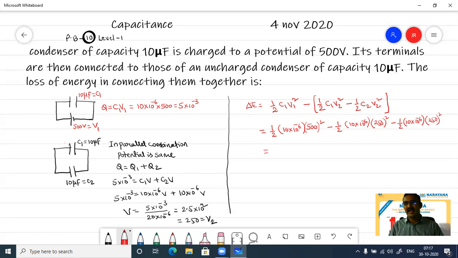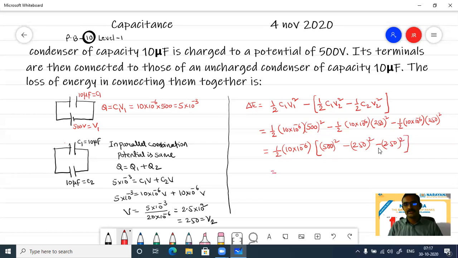Then take the common part, 1 by 2 into 10 into 10 to the power of minus 6, common in all these. Then what is left is 500 square minus 250 whole square minus 250 whole square.